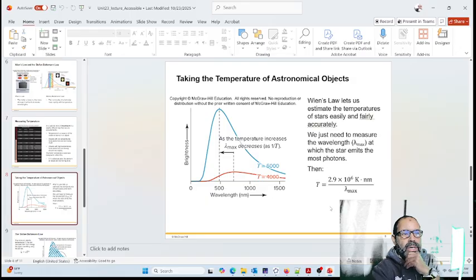If the peak wavelength is measured in nanometers, which is typical, then the temperature is 2.9 times 10 to the power 6 Kelvin nanometers divided by the wavelength, granted that the wavelength is in nanometers, not in meters. If it's in meters, then I have to divide by a billion, so this number changes from positive 6 to negative 3. And that gives me the shift, basically. That's why it's called the, what is it?